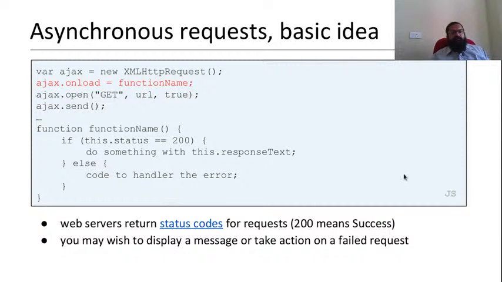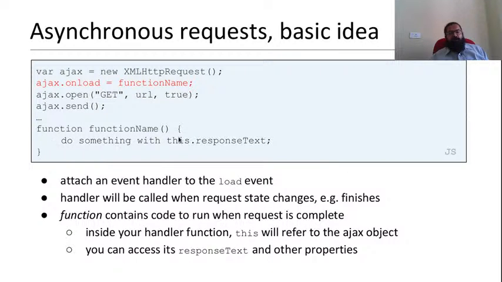Okay. So you can see here that in this example we have not actually defined the function name function. The function name is the name of the function that is handling the onload event. So the event handler is function name.